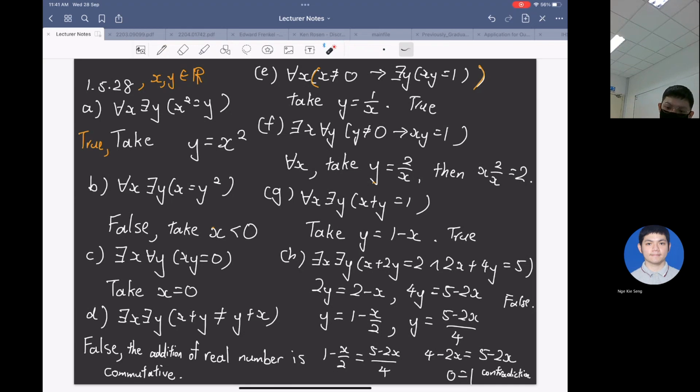Take x as 2, y as 4. So you get 2 squared equal to 4, right? But how about x equal to 3? What happened? Y equal to 9.